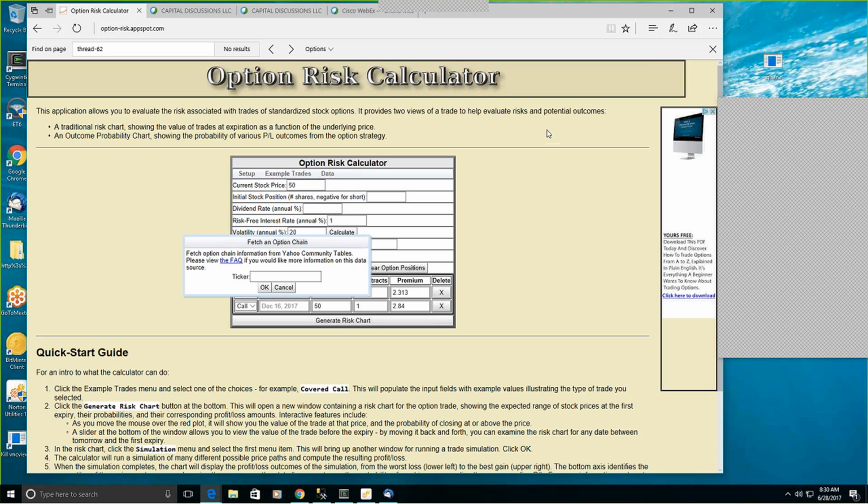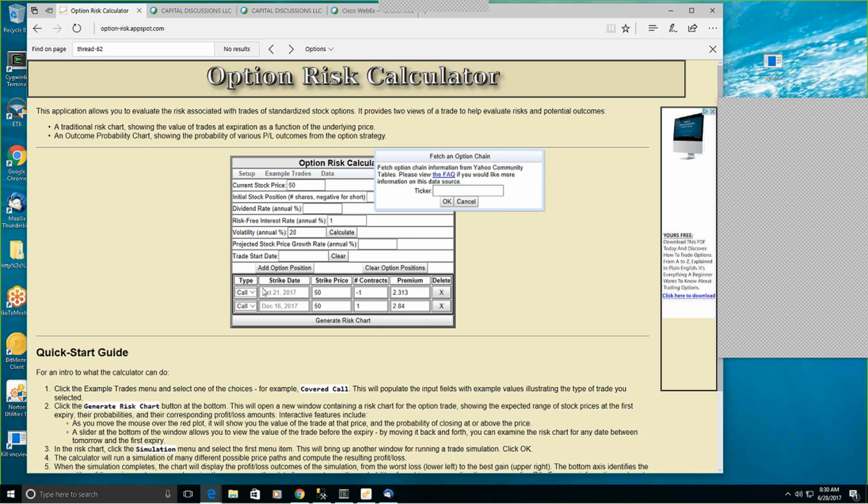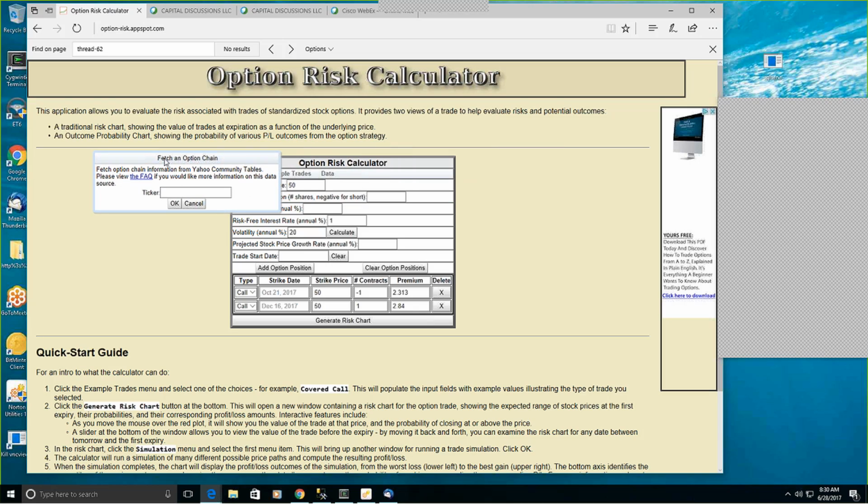And you could pick one, and when you picked it, it would automatically populate a row here when you're setting up the trade. In the original version of the tool, I did this by having the tool look up the data at certain sites like Big Charts, look up the tables and scrape the screen, which turned out to be very unreliable because they were changing the layout of the screen on me all the time.